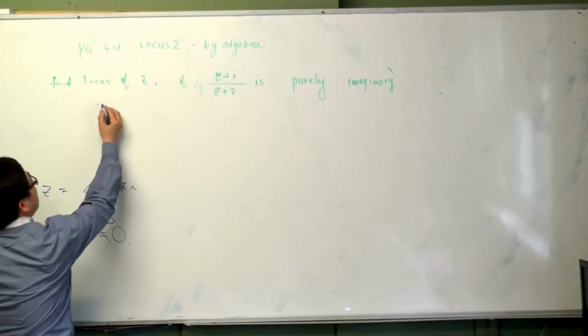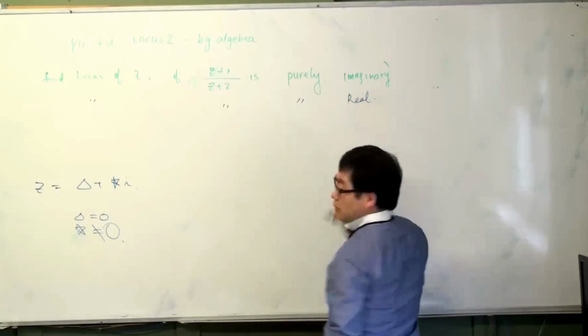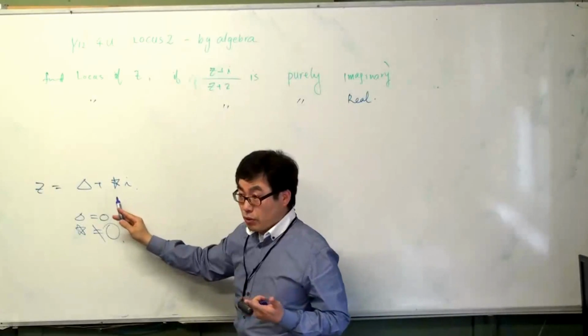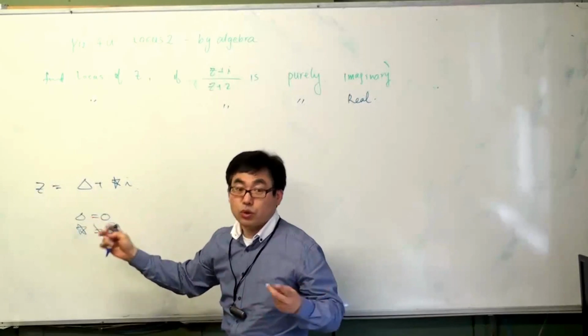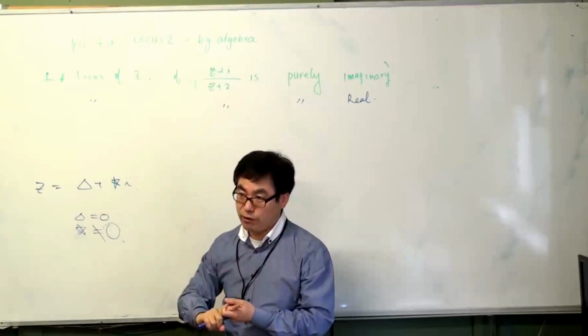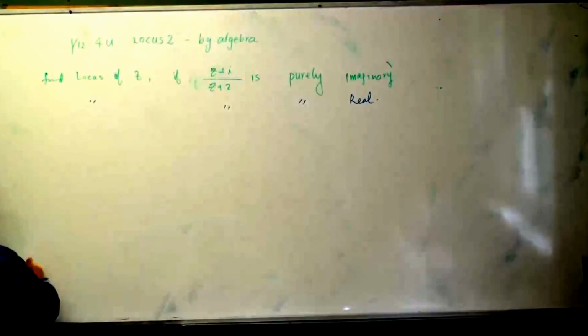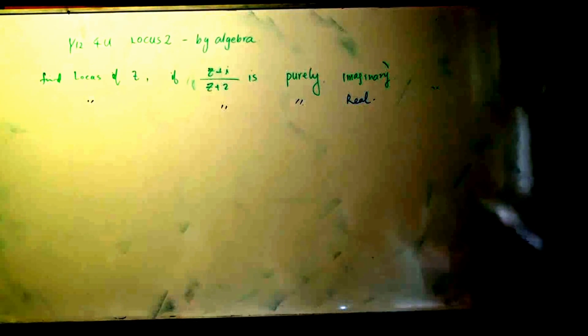What about if it's purely real? Then just star equals 0. What about triangle? Doesn't matter. So that's the difference, be careful. This is a very common question, but many texts, even the textbook, have wrong answers.